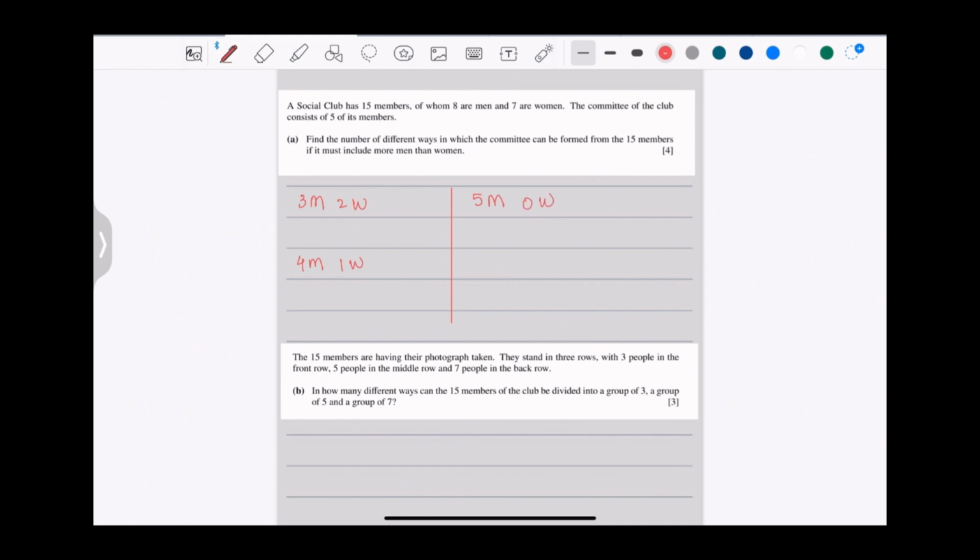When it says more men than women, it does not specifically mention that women have to be in the committee as well. So this condition in itself fulfills the question condition.